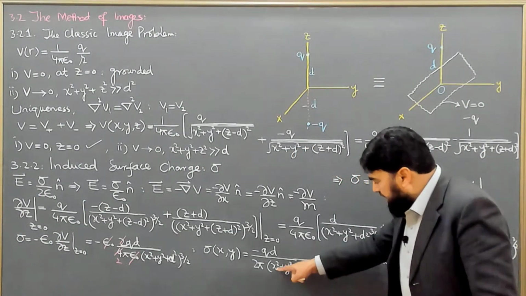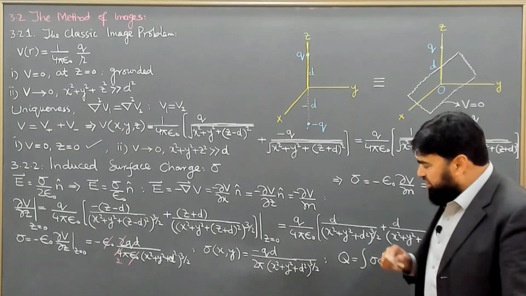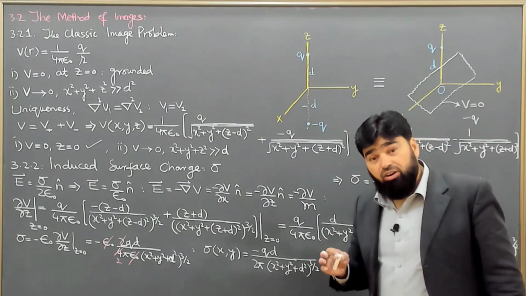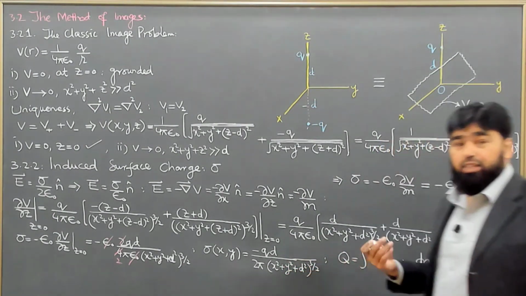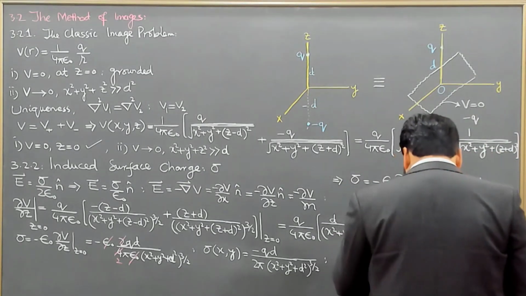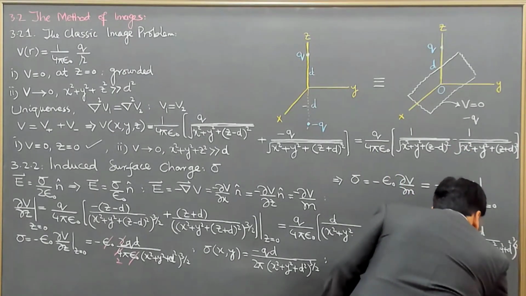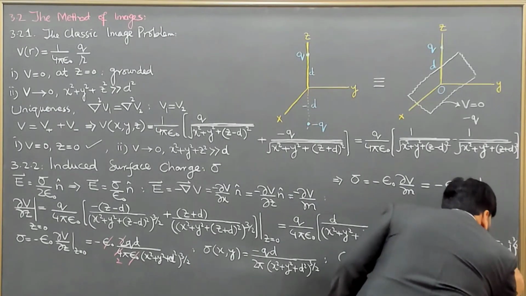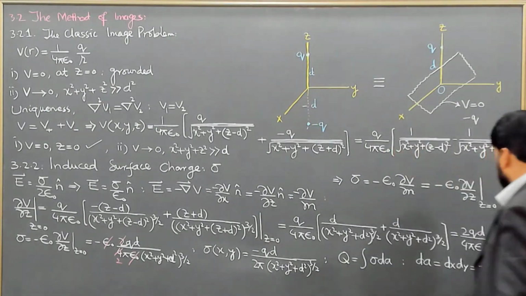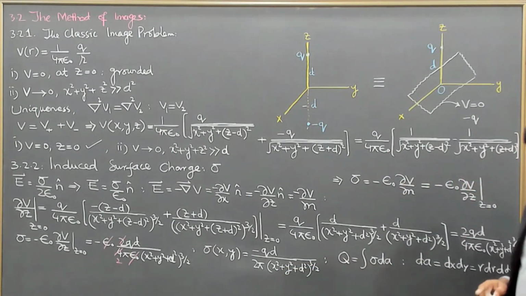But if I look here, it is x square plus y square plus d square, then the integration will be a little difficult. So why not go to the polar coordinates? In polar coordinates the calculations are easy, and we know that the area in polar coordinates is equal to r dr d phi. We are not involving theta here, because r is there, r square is equal to x square plus y square, and then the d phi will be integrated over 2 pi.